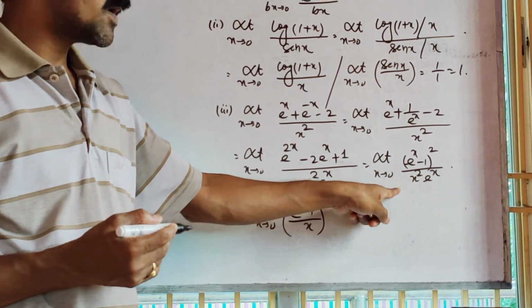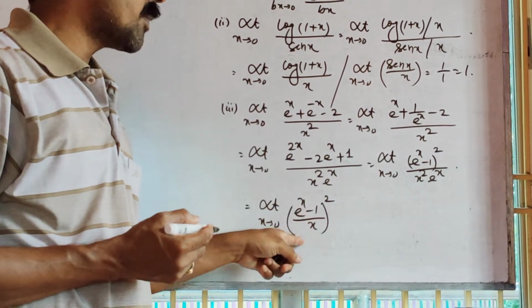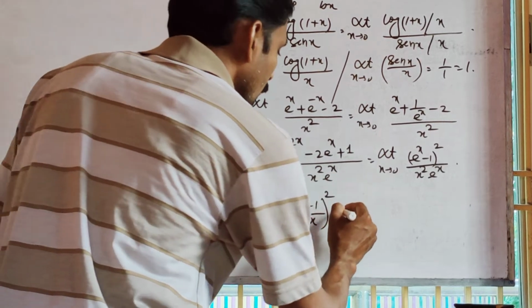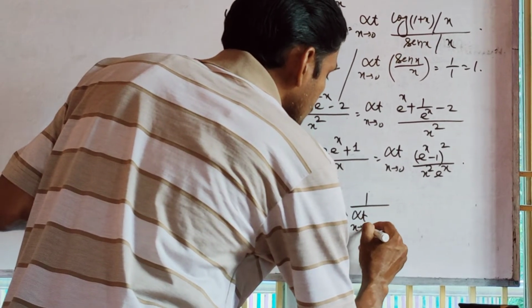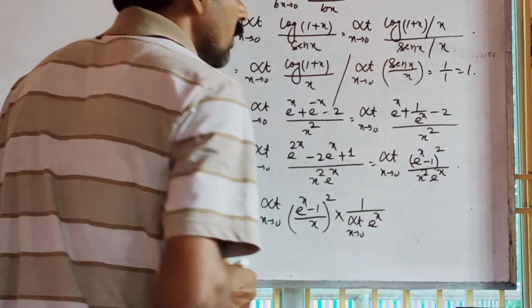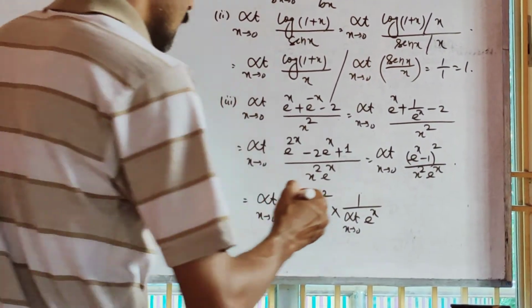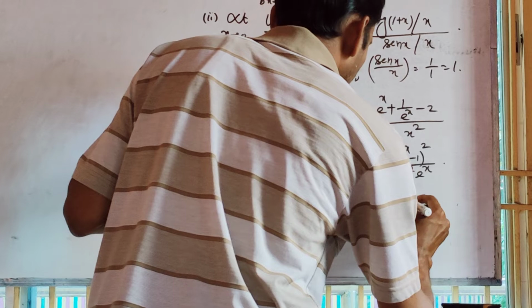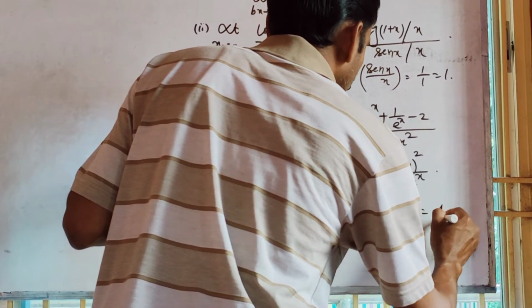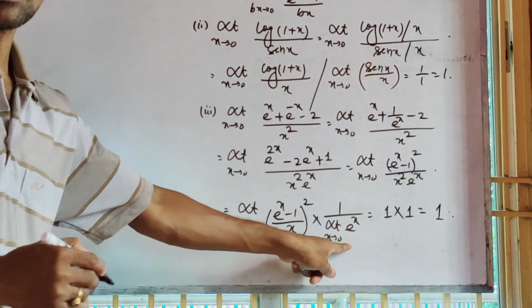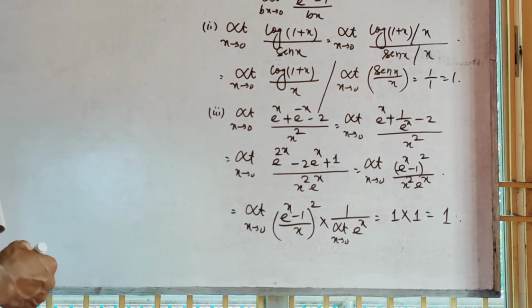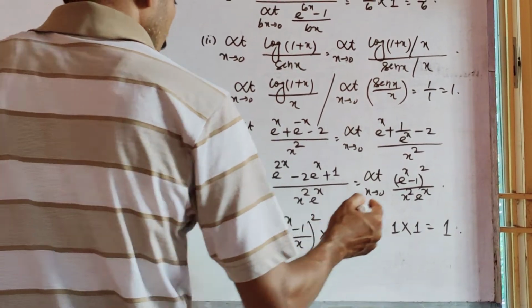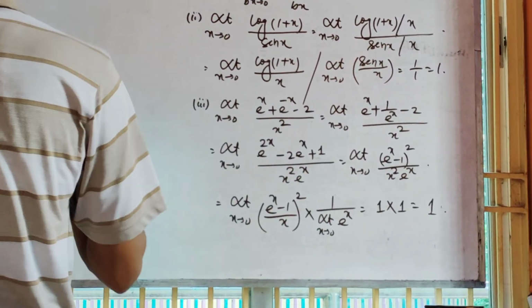So by laws of exponent, a square by b square is a by b whole square, into limit x tends to 0, e to the power x. Now this equals 1 into 1, which is again 1, because this is also a standard formula: limit e to the power x, x tends to 0, equals 1.